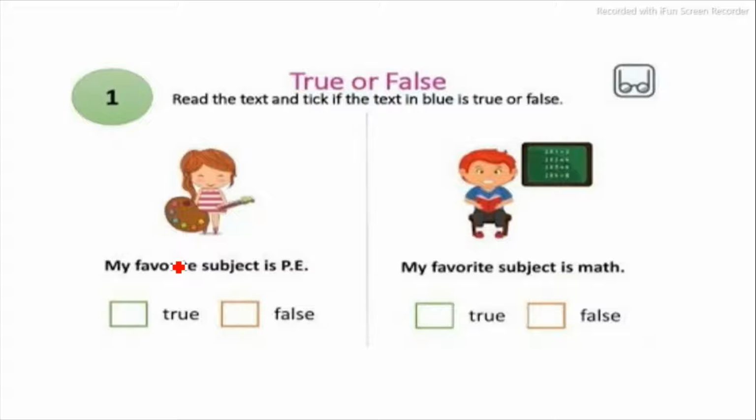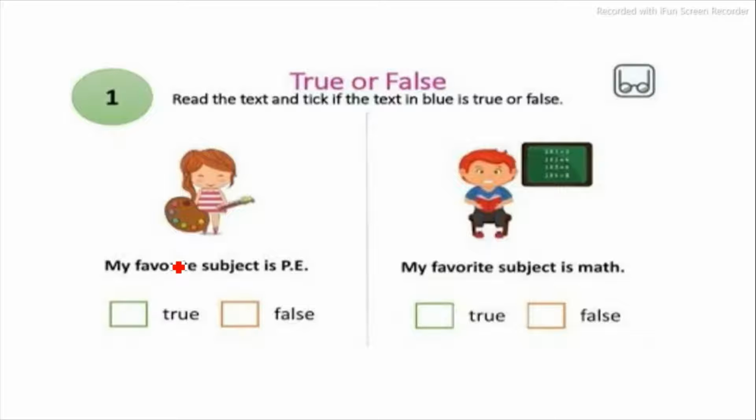Okay, so let's discuss. In which subject do you have your paintbrush and paint? In art. Good. In the subject called art. And in the subject PE or physical education, what do you learn?